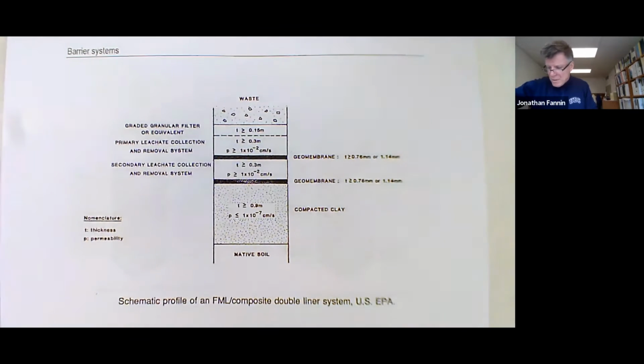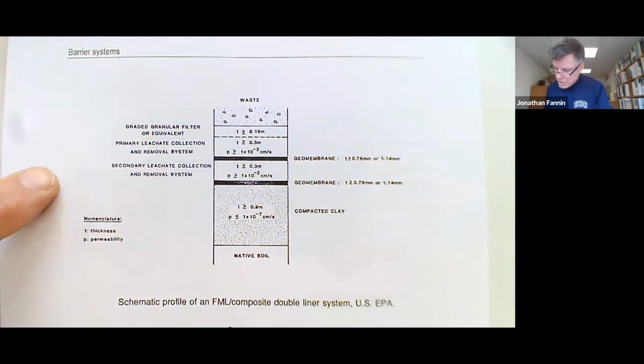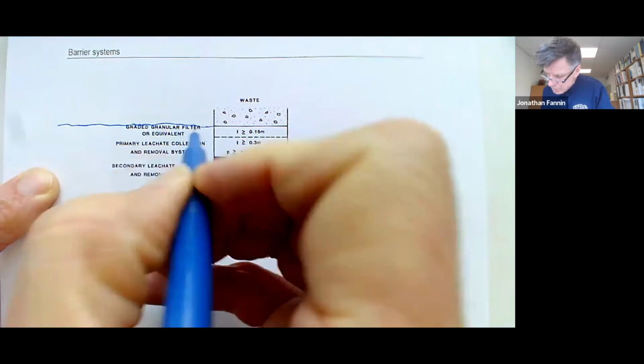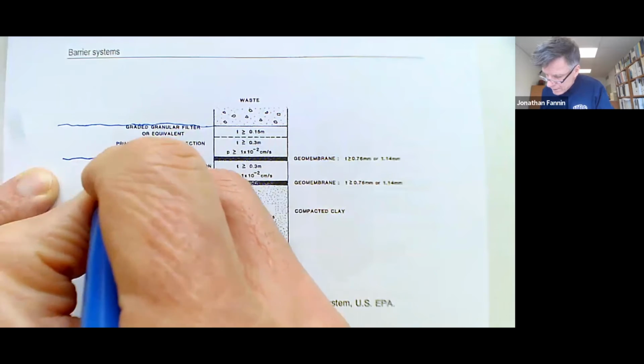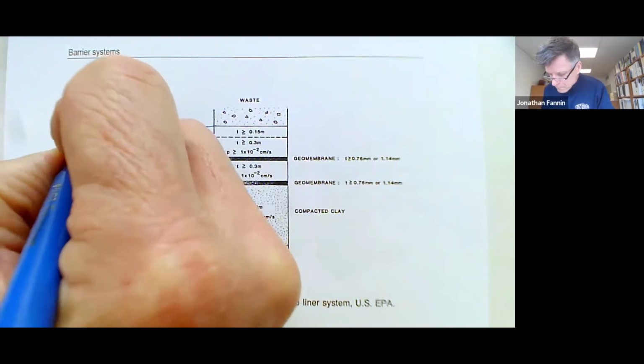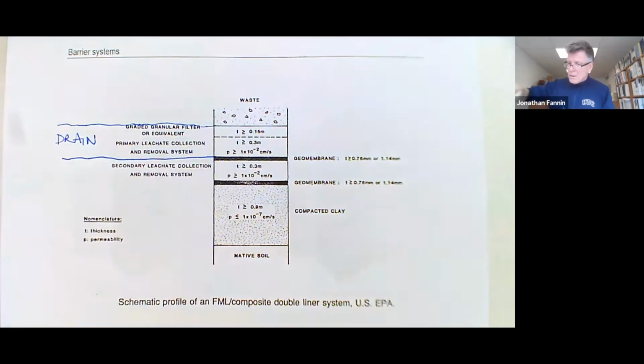And if we contrast BC with the US EPA, no great difference. If I use the same color coding, here is my layer 1 drain. Here is the layer number 2 barrier.